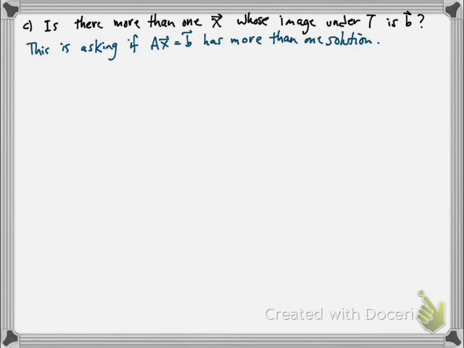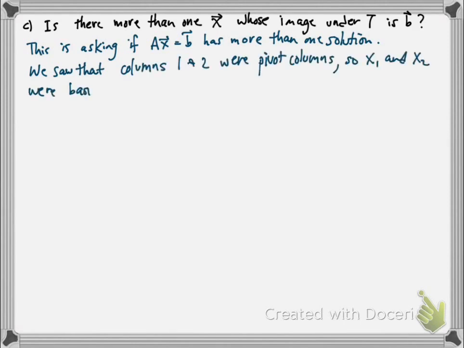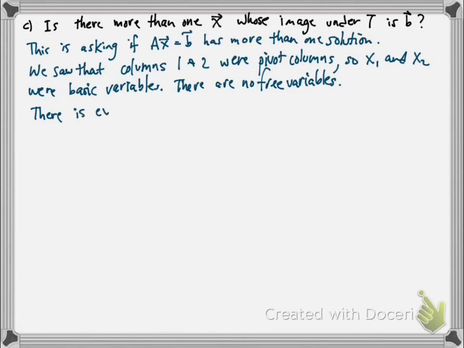Well, it's just basically asking, does it have a free variable? Right? And we saw that columns 1 and 2 were pivot columns, which told us x1 and x2 were basic variables, and so there were no free variables. So that tells us there's exactly one x whose image under T is b.